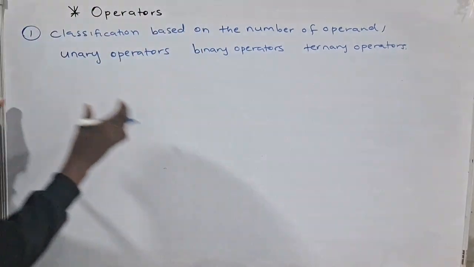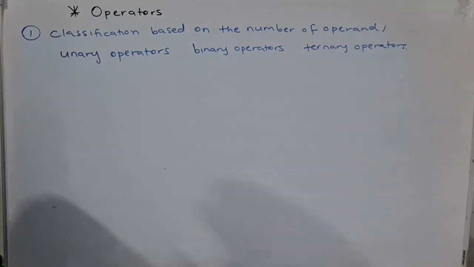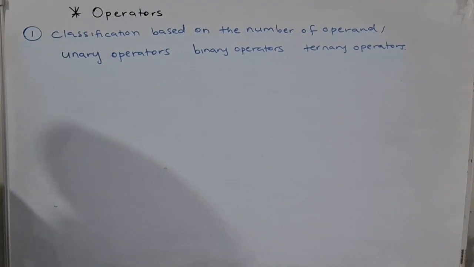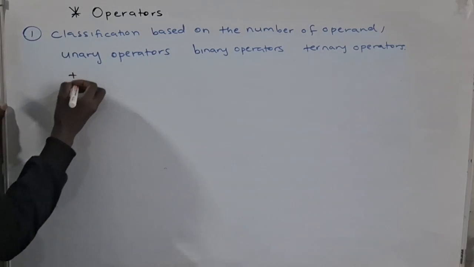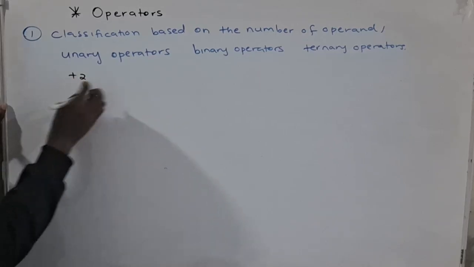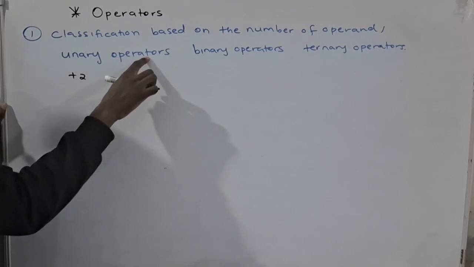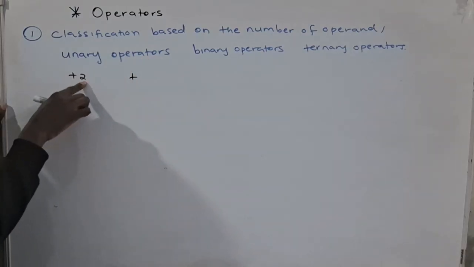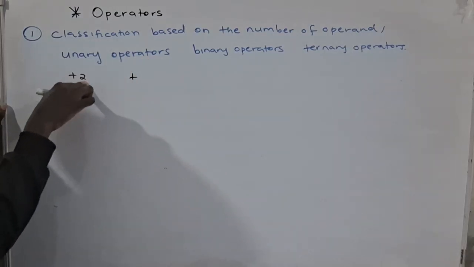It is called a unary operator if it has only one operand. For example, if you write plus 2, this positive is a unary operator. Why? Because there is only one operand.